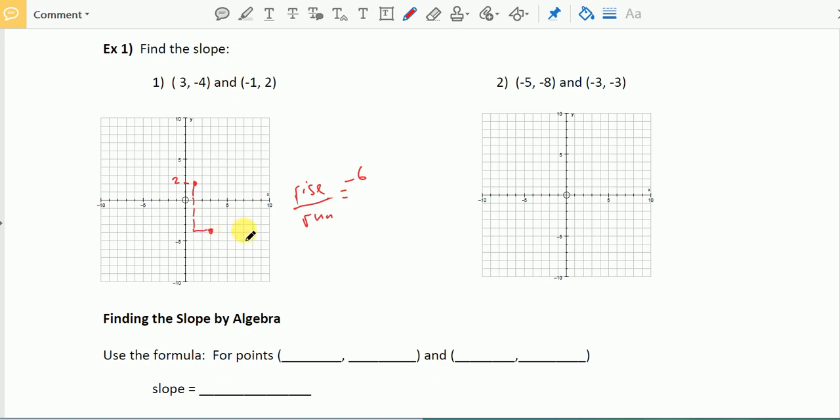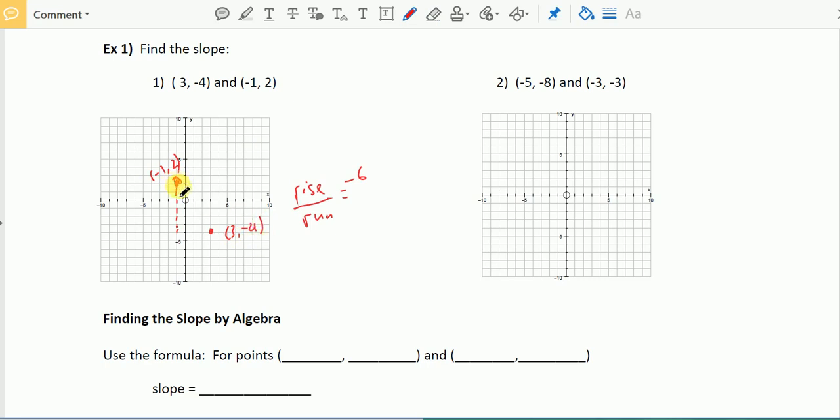Let's see. No, it's not 2. Oh, sorry, this is -1, not 1. So -1 and 2 is here. Let's erase this. So -1 and 2 is here, and this is 3, minus 4.